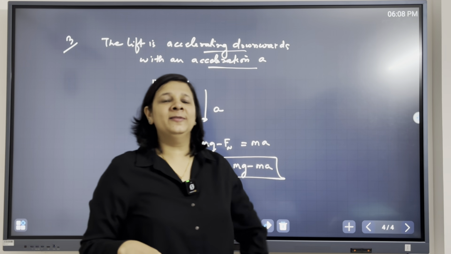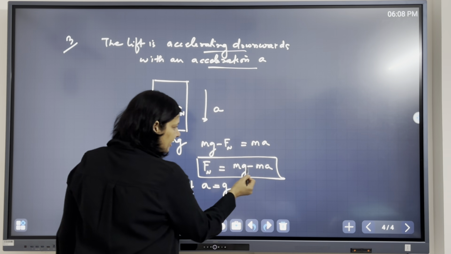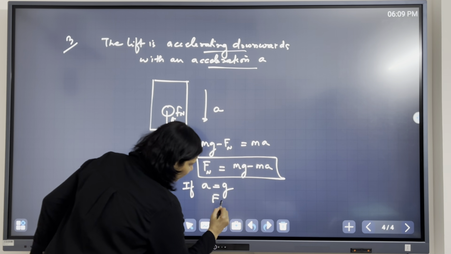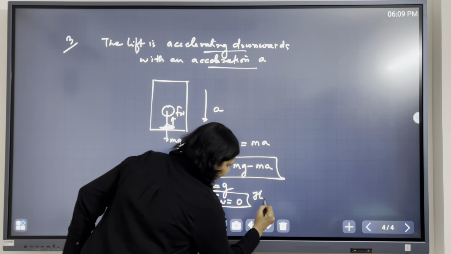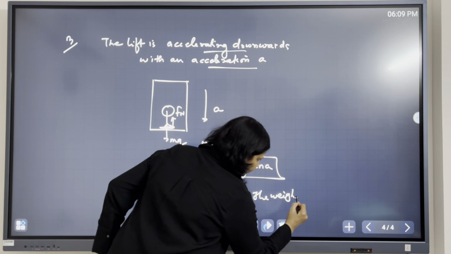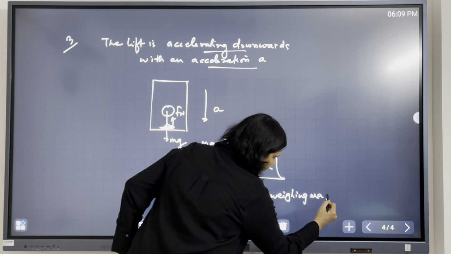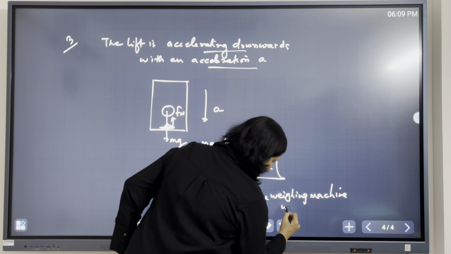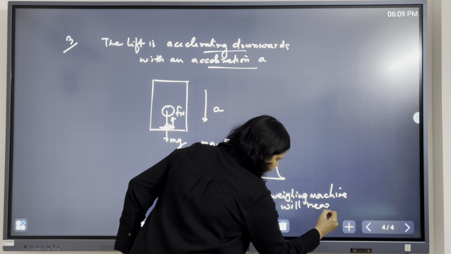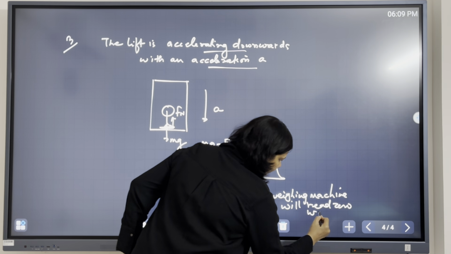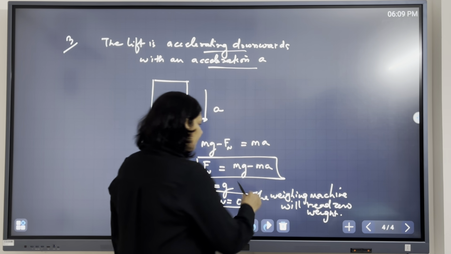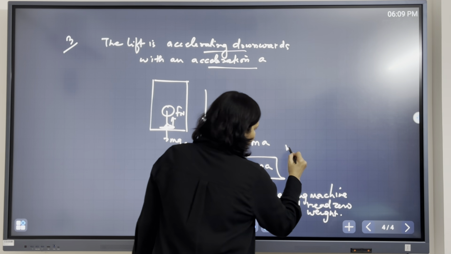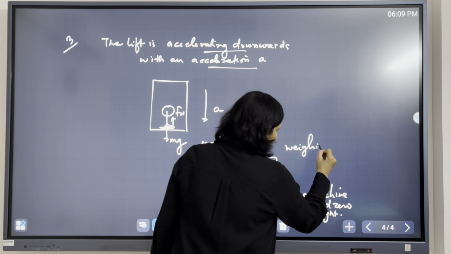The lift is falling freely. What will happen? mg minus mg, normal force will be 0. The weighing machine will read 0 weight. And here the weighing machine will read less weight.